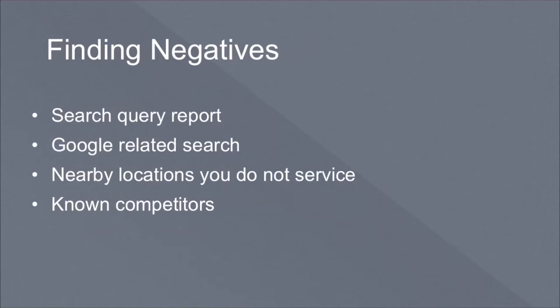Use common negative lists like those that we provided underneath this video as well, because they're really helpful. Look for locations that you don't service but are in your local area. Google Ads can overlap areas slightly, so I would often recommend, if you don't service a particular area, negative it in your campaign. And already mentioned, known competitors. So let's have a quick look at ways to do this.